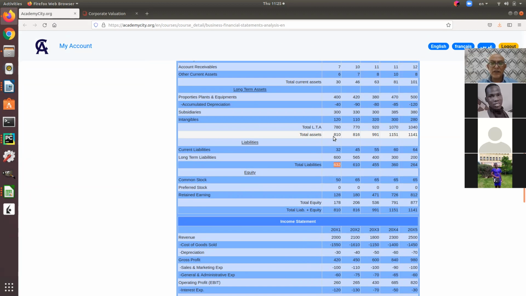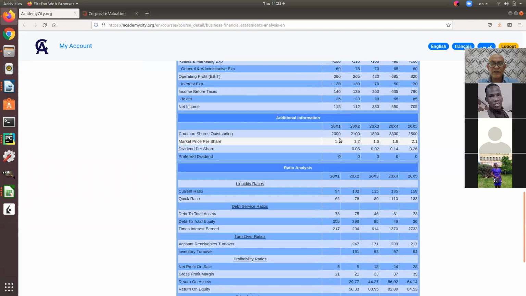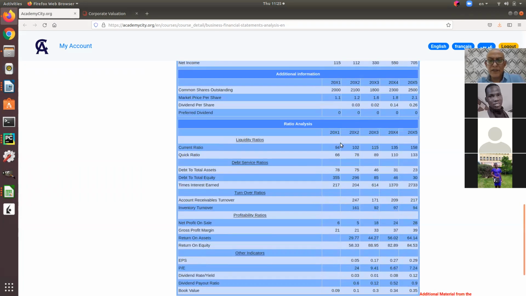So if I take total liabilities, okay, 632 divided by 810, I would get the total debt divided by total assets. So in this example, we're getting 78, okay?